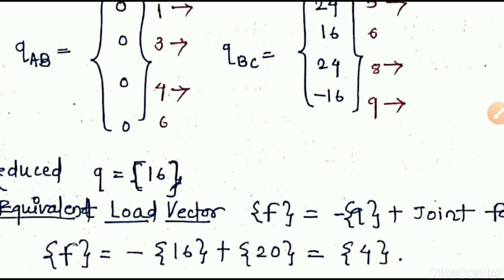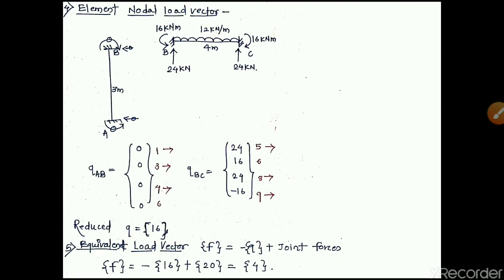So minus 16 plus 20 is equal to 4. That is the final equivalent load vector F, 4.